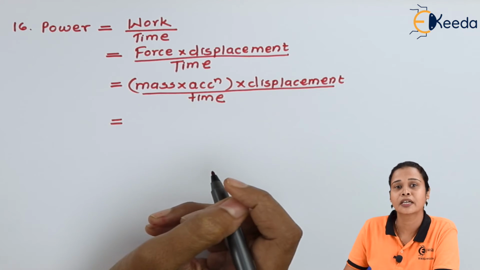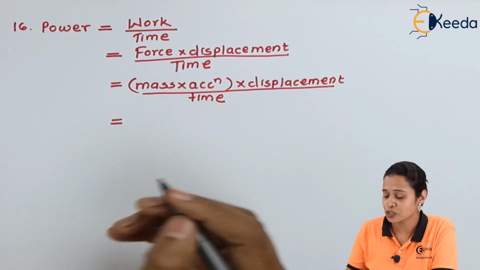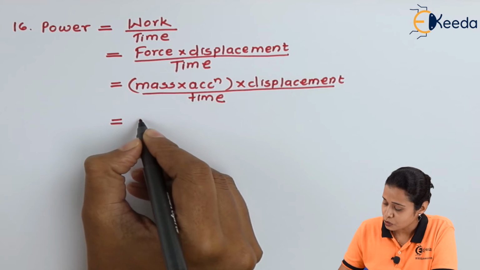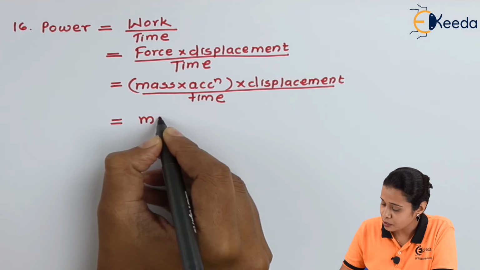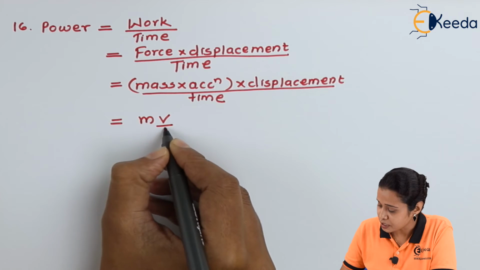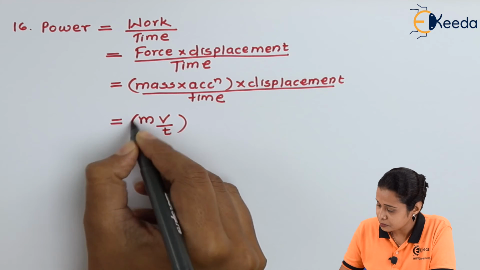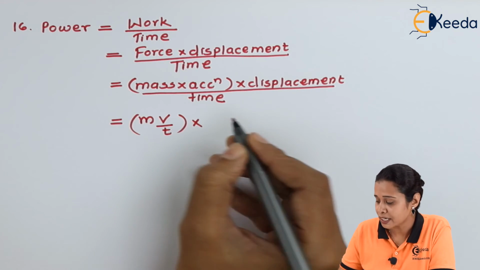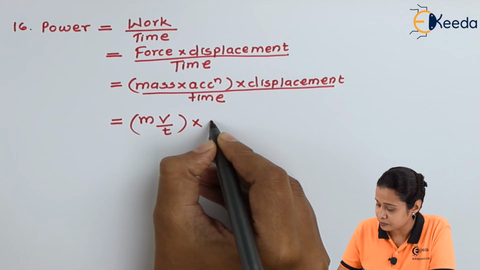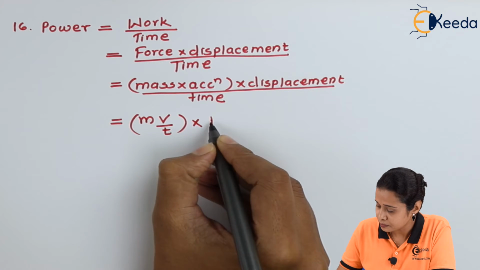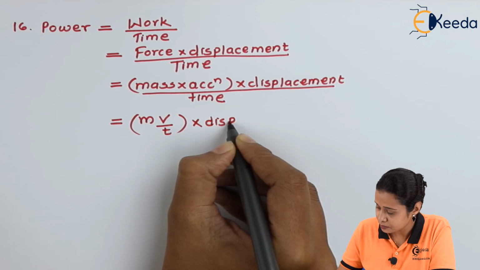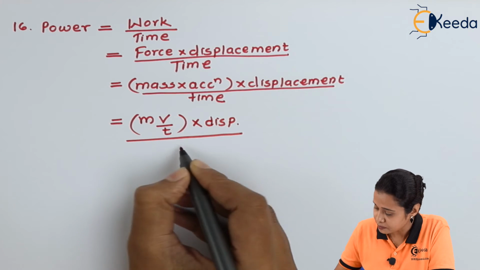Now, acceleration again can be expressed in terms of velocity per unit time. So here we have a mass into velocity per unit time, into displacement, that is nothing but length, upon time.